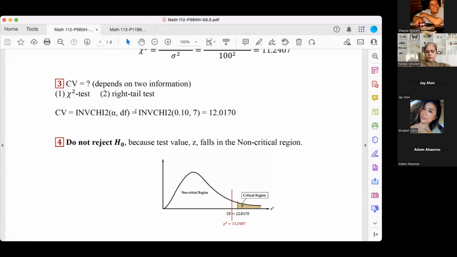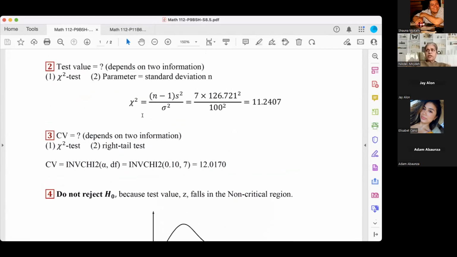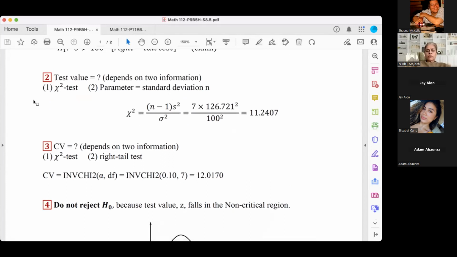12.0170. Then the third step is finding the test value. The test value depends on your parameter, standard deviation, and the name of the test, chi-square test. So you go to the formula sheet. From chapter 7, you pick the formula that starts with chi-square.